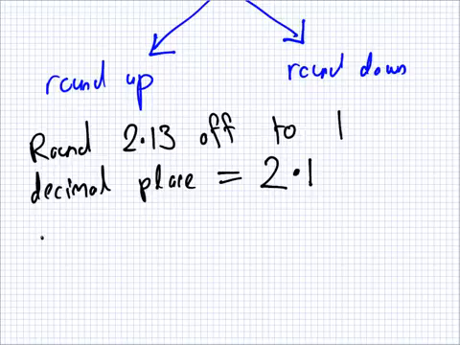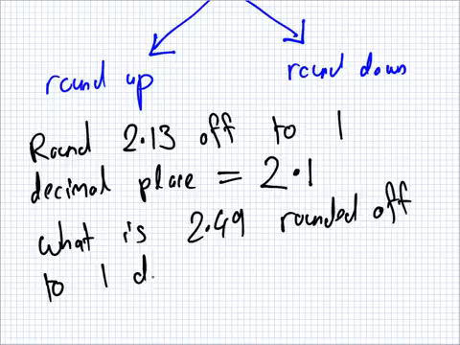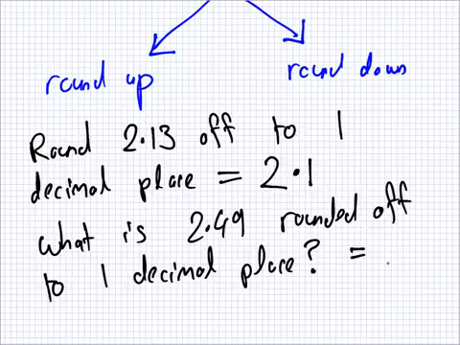Or I could say it like this. What is 2.49 rounded off to 1 decimal place? Well, that is 2.5.